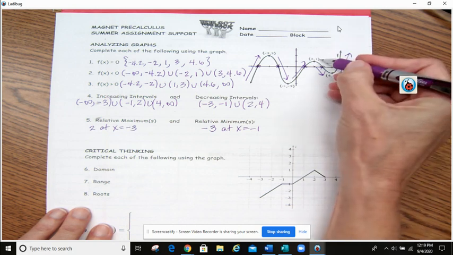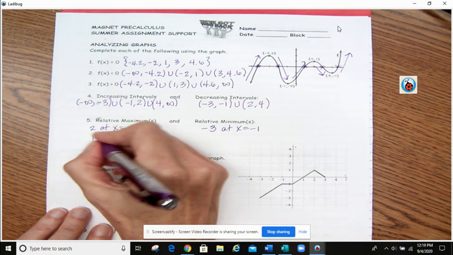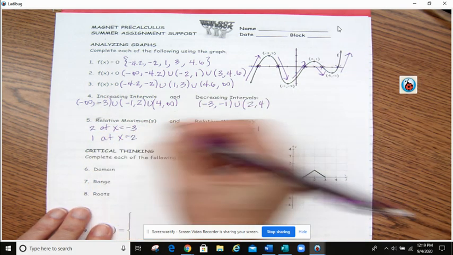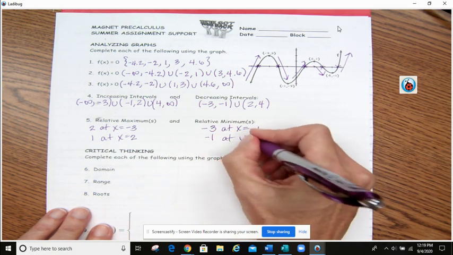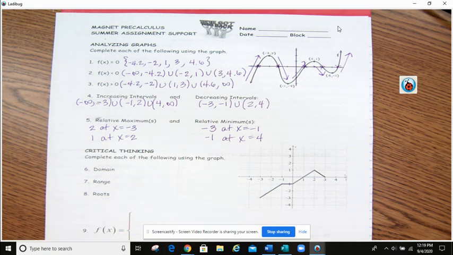Then I have another maximum, that would be 1 at x equals 2. And the last turn is another minimum, -1 at x equals 4. And you have to alternate from relative max to relative min as you go from left to right on the polynomial.